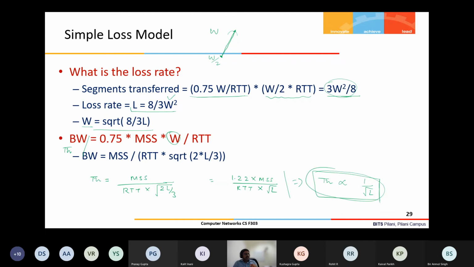Otherwise, what happens if it's not fair? Then all the applications which are using TCP as their transport protocol will suffer, right? If it is getting less share than the TCP protocol, then that protocol will not be acceptable.